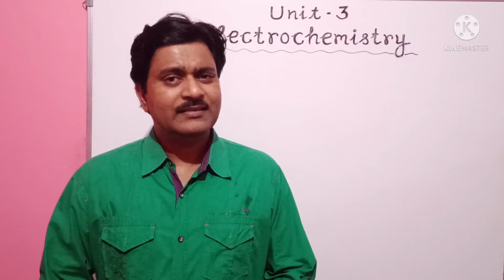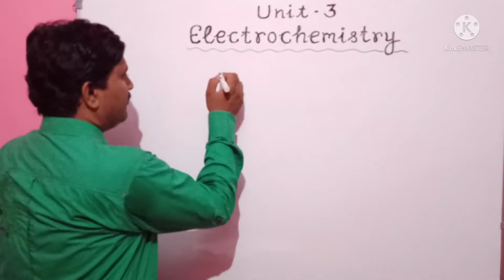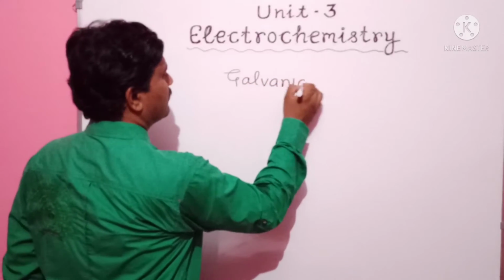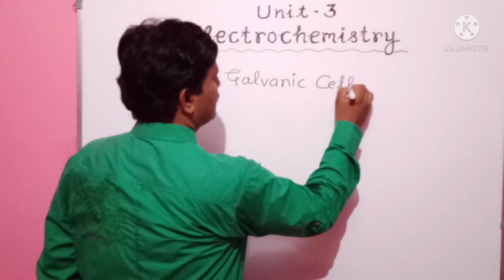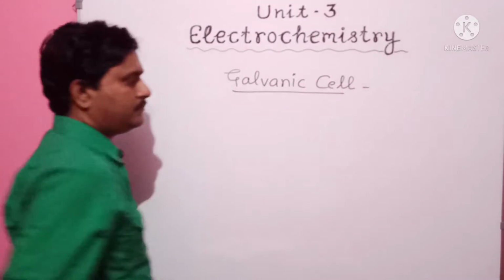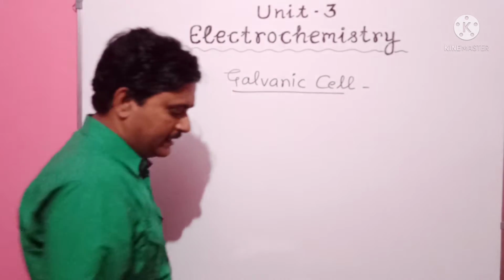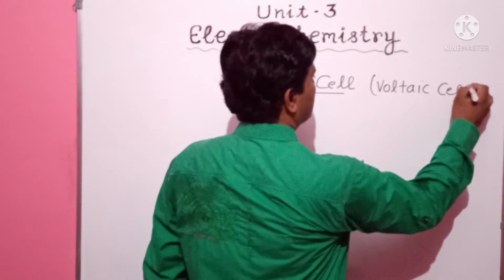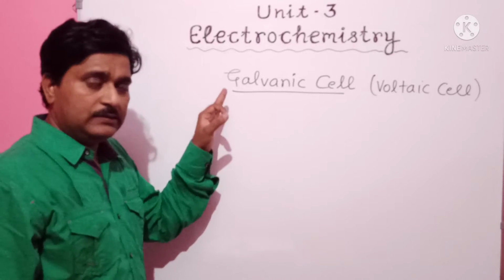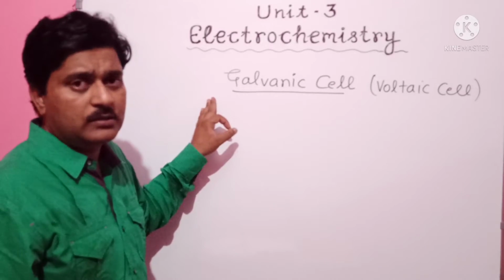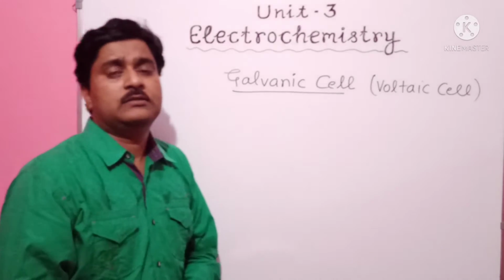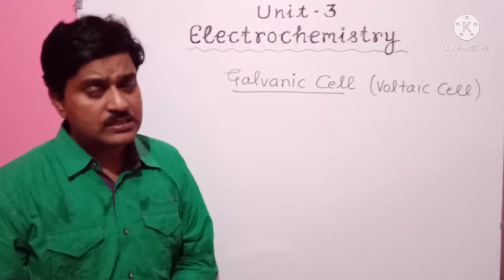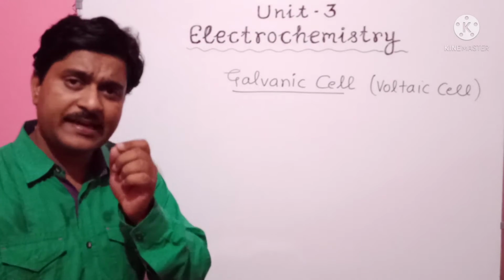Let's start. Galvanic cell, also called voltaic cell. Before starting this important topic, we have to learn some important definitions. First, what is a cathode?